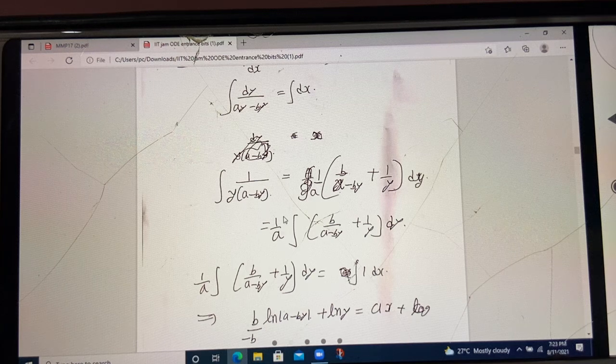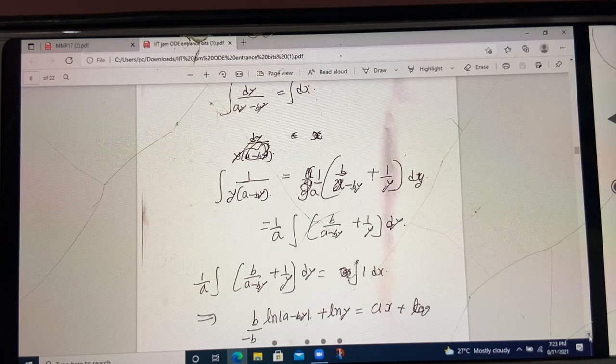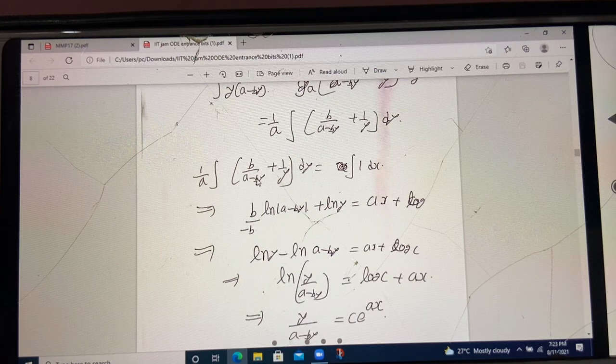Integral of this means integral of this. Taking a common, 1 by a into this. In place of this, I have written this. Right side is 1 dx plus some constant. Now, what is the integral of this one? 1 by a minus by integral is log of a minus by upon minus b, because the y coefficient is minus b.